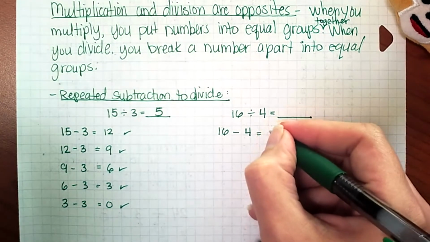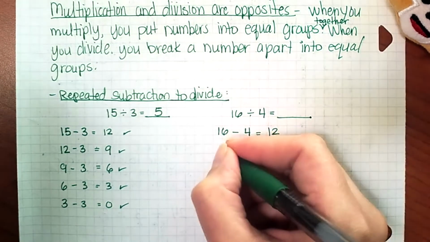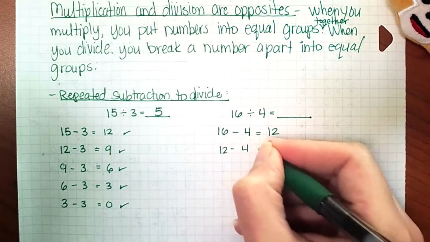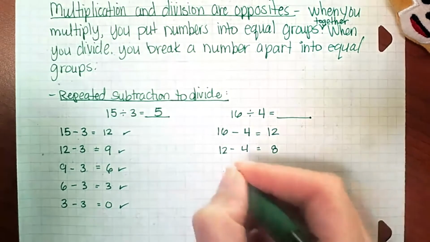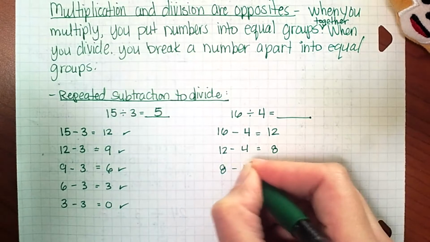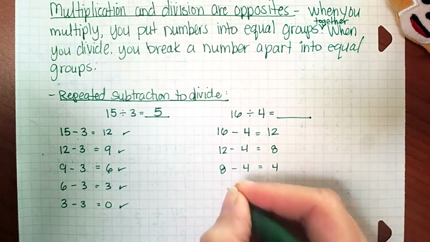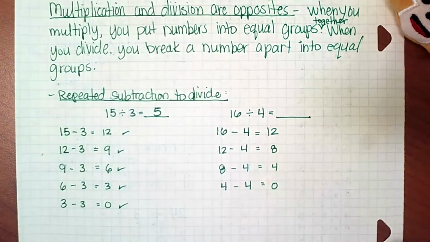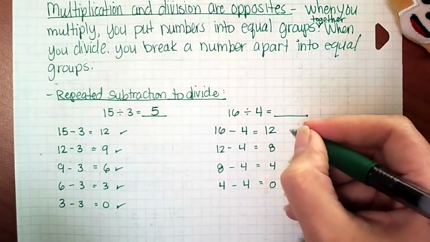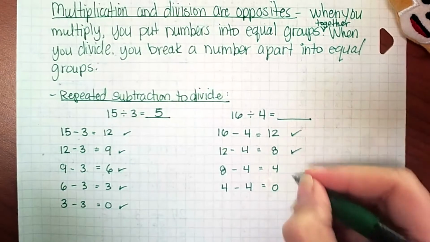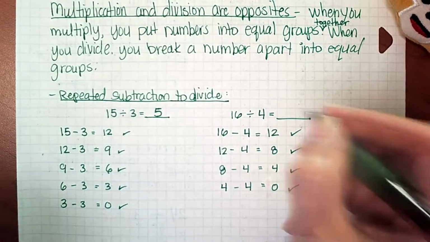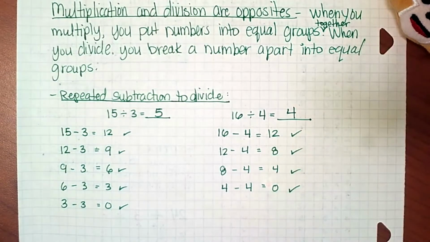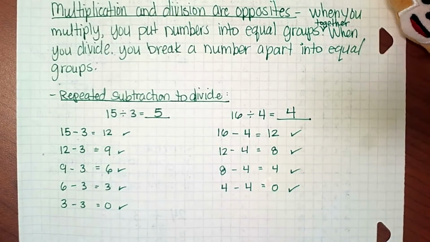So 16 minus 4 is 12. 12 minus 4 is 8. 8 minus 4 is 4. And then 4 minus 4 is 0. So how many times were we able to do our repeated subtraction? 1, 2, 3, 4 times. So over here, we know that our quotient is going to be 4.